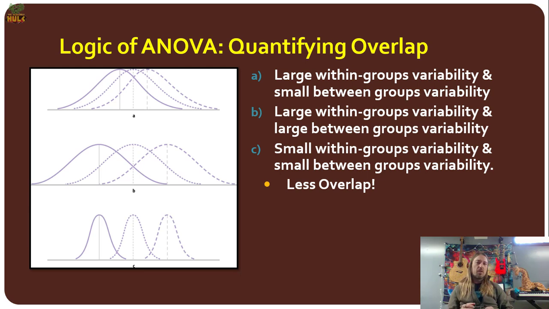I apologize if it's written incorrectly there. We will then have less overlap, right? And that less overlap means that we have samples that came from different populations, which means we can reject our null hypothesis and that there is a difference between these groups, right? And so that's the ideal, trying to quantify overlap. In order to measure overlap, you need to make sure that the spread between the groups is approximately equal.